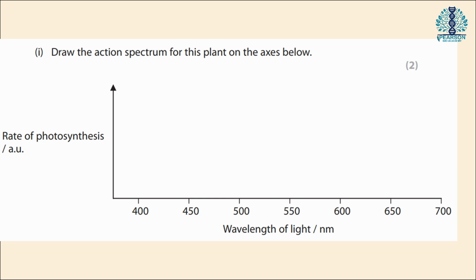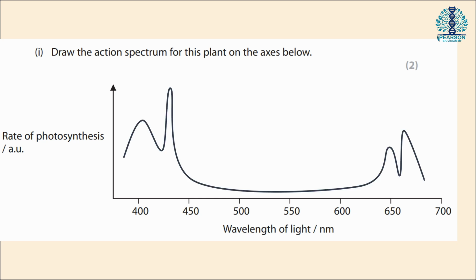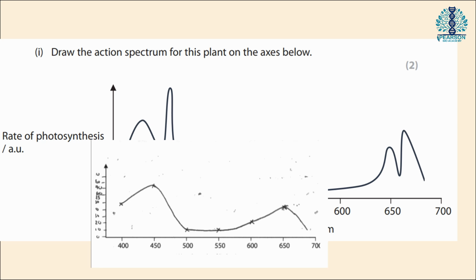Remember, we are working with an absorption spectrum on the given graph, but we can approximate an action spectrum. As we've learned, the action and absorption spectra are very close to each other, so we can use this to guide our drawing. And also you can draw the graph like this, making sure that the left peak is always higher than the right one.